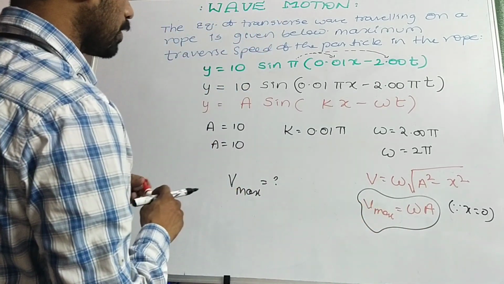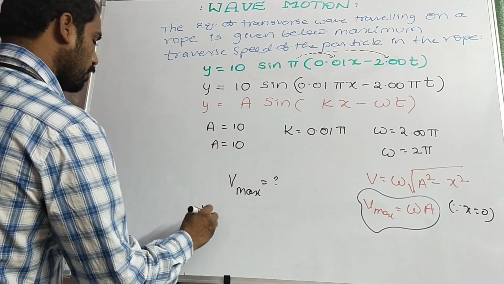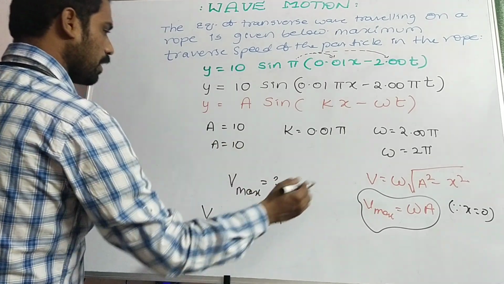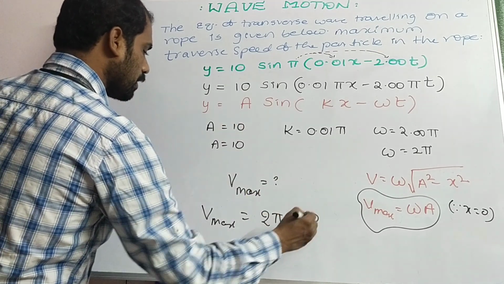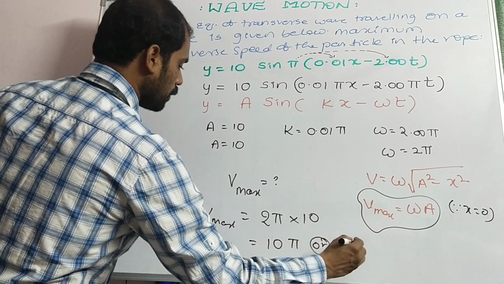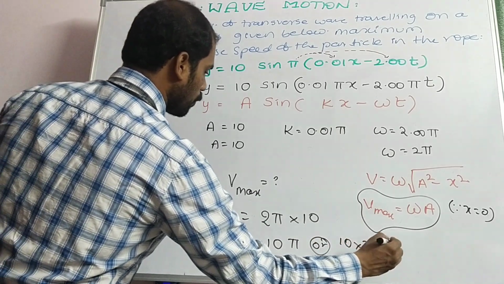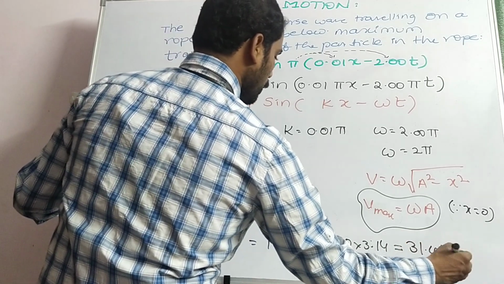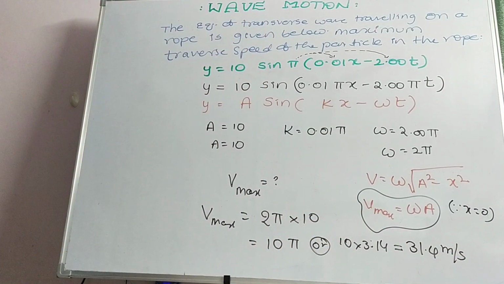So Vmax is equal to omega, which is 2 pi, into a, which is 10. That is 10 pi, or 10 into 3.14, that is equal to 31.4 meter per second.